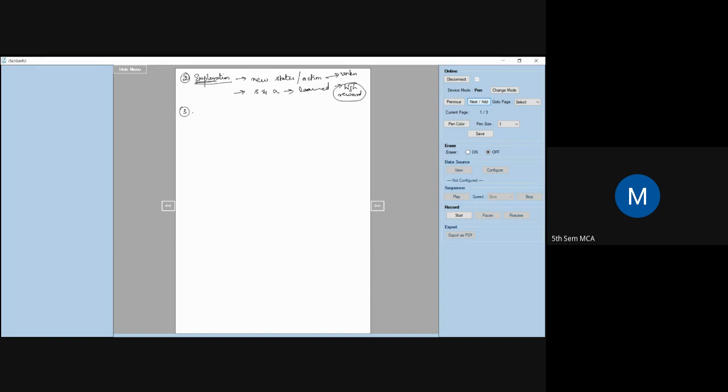The third point is partially observable states. Now, generally we assume that the sensors can see the entire state at each time step, right?